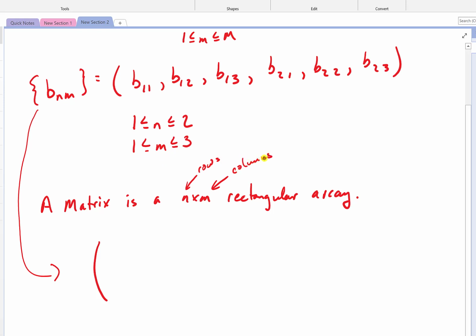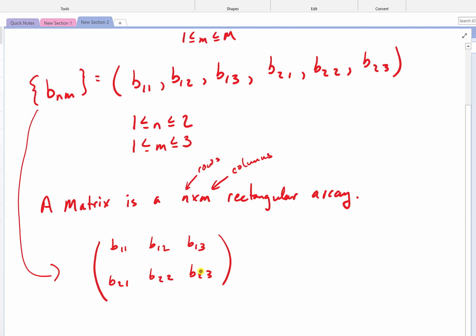So we're going to create a 2 by 3 rectangular array, with 2 rows and 3 columns, and here's how we're going to organize those values. B11 will be the first entry, B12 will be the second entry, B13 is the third entry, and then B21, B22, B23 would give us that second row.